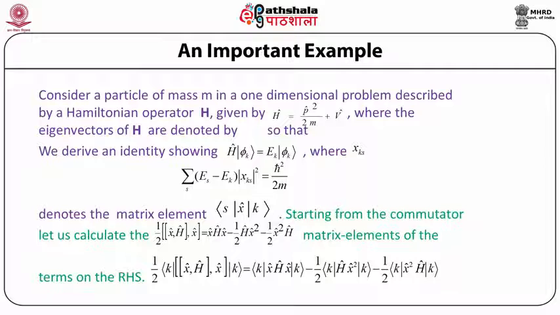So we can write half bra vector k, commutator of x and H with operator x, ket vector k is equal to bra vector k, operator x, operator H, operator x, ket vector k minus half bra vector k, operator H, operator x square, ket vector k minus half bra vector k, operator x whole square, operator H, ket vector k.